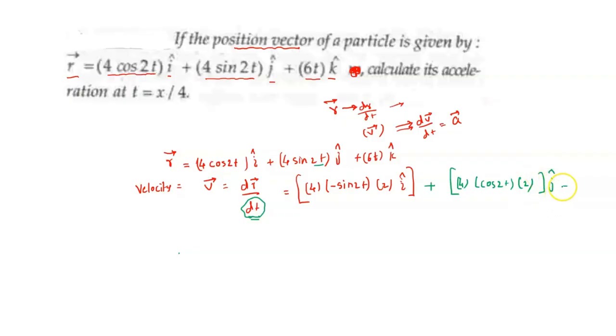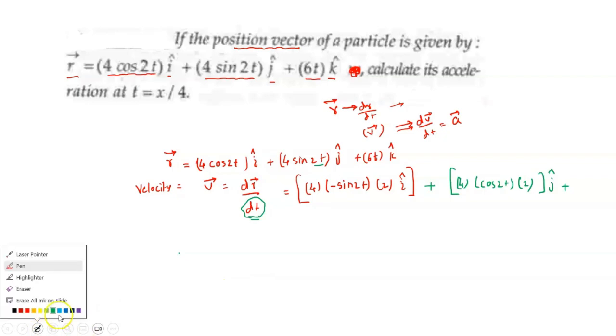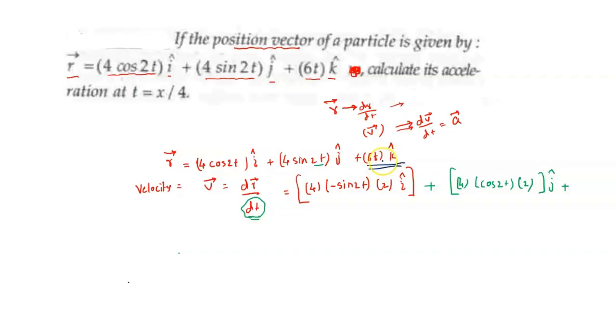Then, the z component 6t k hat: the 6 stays, and the differentiation of t is 1, so 6 into 1, that is 6k.